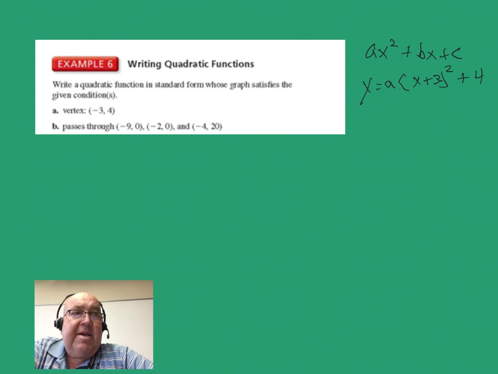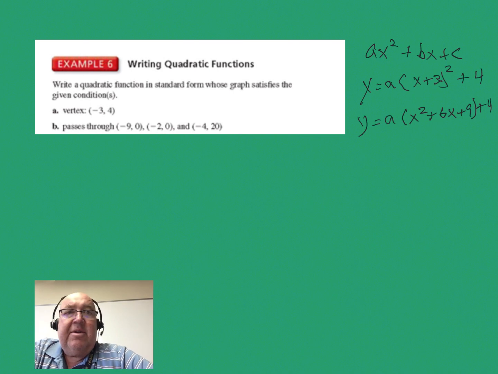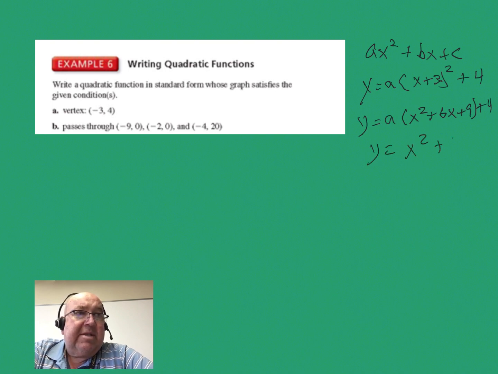And I can go ahead and square the x plus 3, and I know that I'm going to get x squared plus 6x plus 9, and I'm going to add 4 to that. There is no a value in this case, so we get y equals x squared plus 6x plus 13.